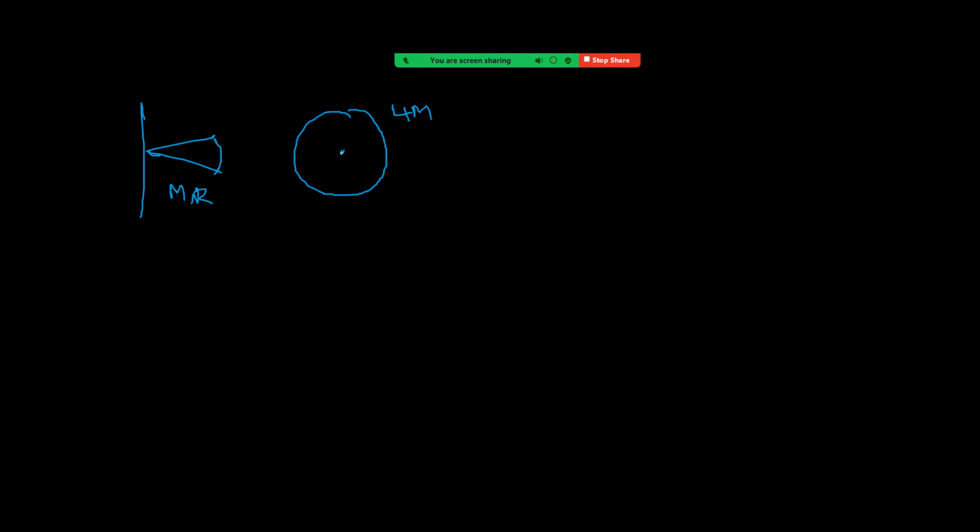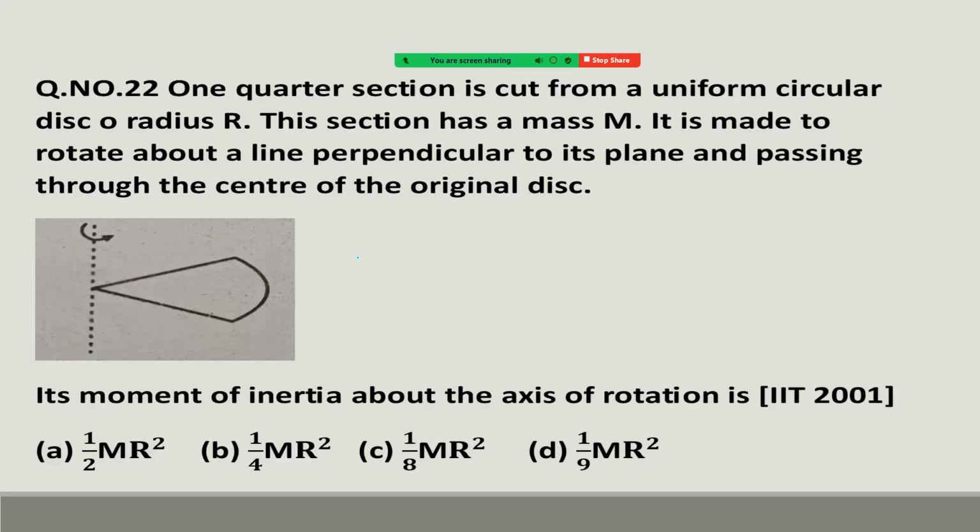About its own axis, it will be total mass into r square by 2, right? This is about its own axis. Total mass 4m, so total mass into r square by 2. This is now 1/4, so the value becomes 1/4. Okay, so 4 gets cancelled. So the answer is mr square by 2. So it is a very simple and direct one. Okay. It is the first option.